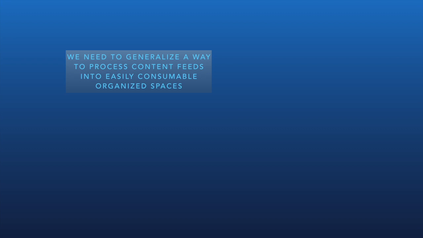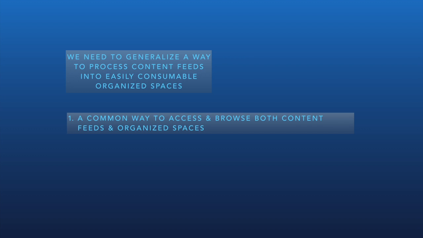So to make the web-wide metrics and our need to generalize a way to process content feeds into easily consumable organized spaces, we also need three basic ingredients. One is a common way to access and browse both content feeds and organized spaces. So basically, a place to store the content feeds, store the interim stages of processing them, and store the organized space resulting from that processing.